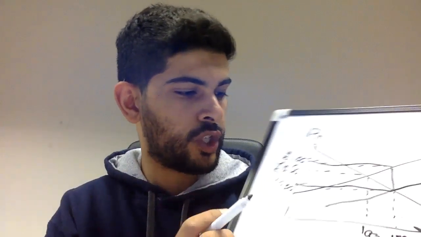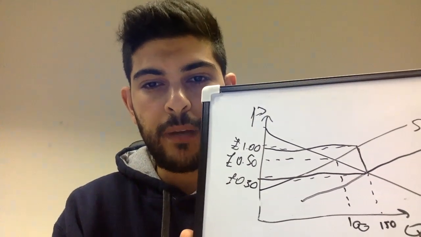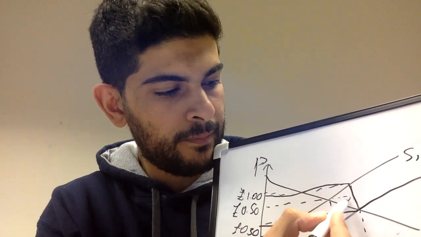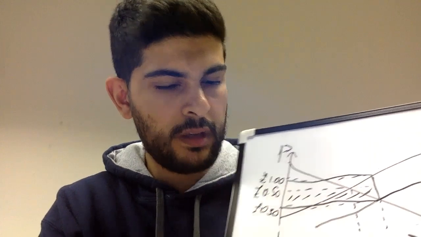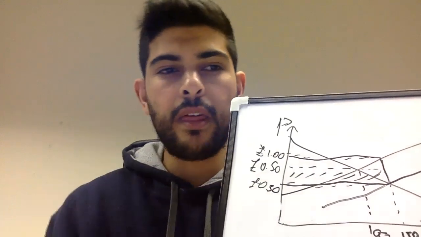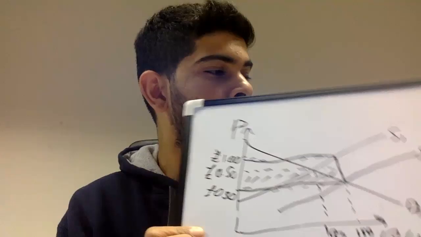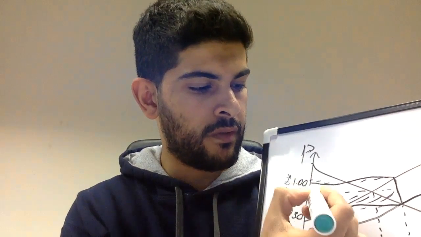Whatever the change in the price is, that's the consumer, because the consumer is always the person who pays for the good or service. Therefore, in our question, the consumer used to pay 50p, they now pay 30p. In other words, this strip here, down there, which I've shaded like that, that is the consumer subsidy, yeah? And then I'm going to shade in green the producer subsidy, which obviously is just the remainder, which is that.